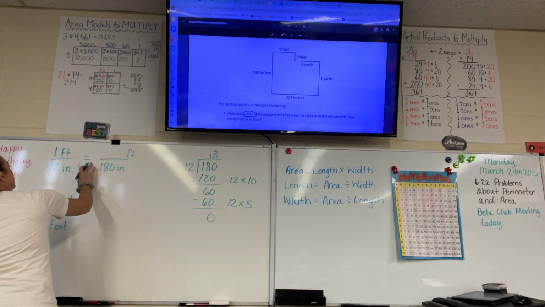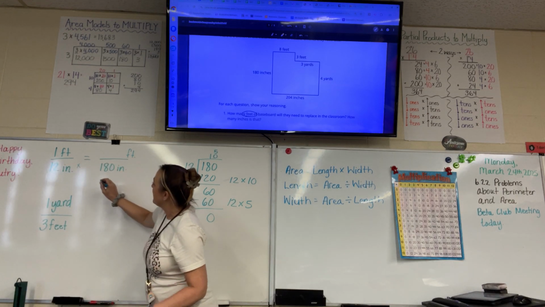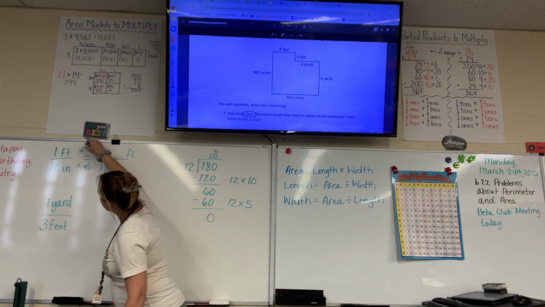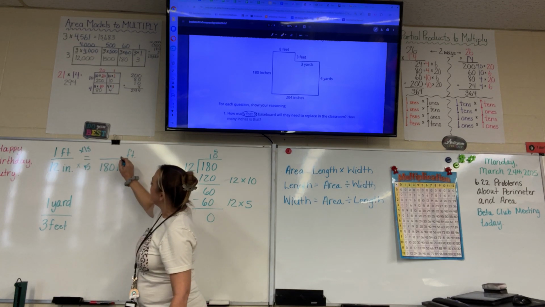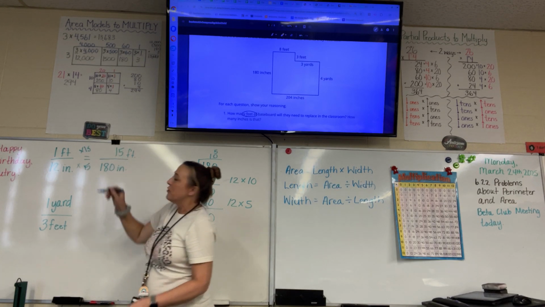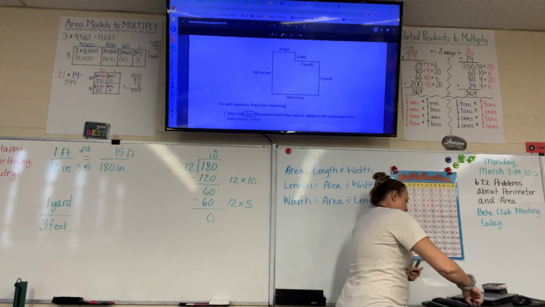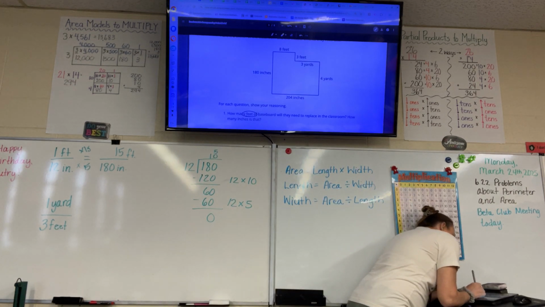So what do you multiply 12 times to get 180? 15. And if you do it to the bottom, you do it to the top. 1 times 15 equals 15. So in 180 inches, there are 15 feet.